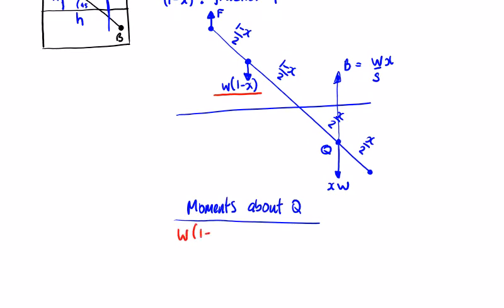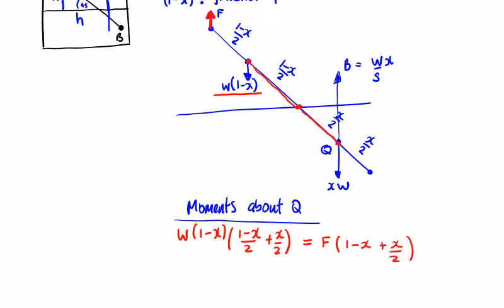W times 1 minus x is from here to here, plus from here to here. So that's 1 minus x over 2 plus x over 2, and that's going to be equal, that's the only force coming down, that's going to be equal to the force going up here around A, which is F, and the distance F is away from Q is the total distance above, which is 1 minus x, plus the distance below, which is x over 2.